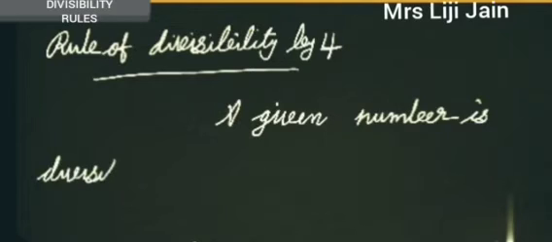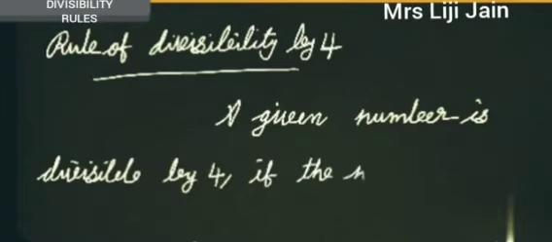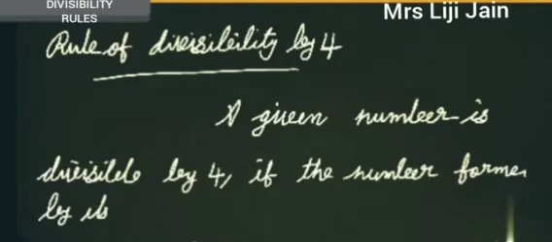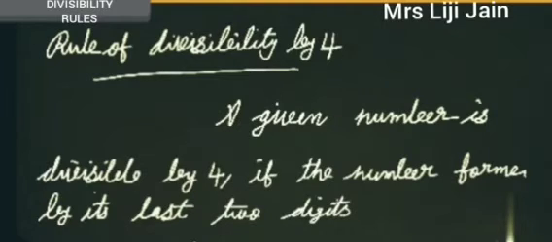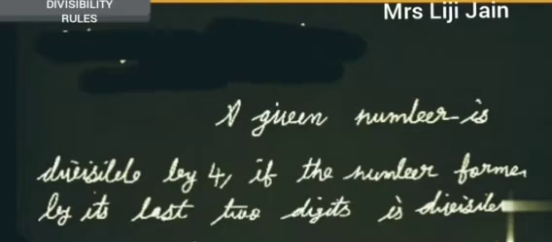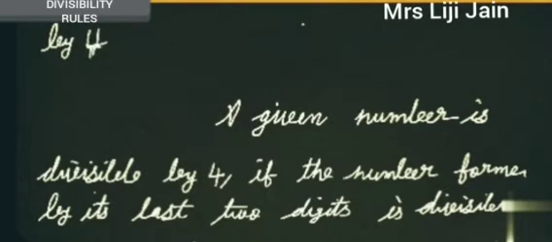A given number is divisible by 4 if the number formed by its last two digits is divisible by 4, or one more condition is there.